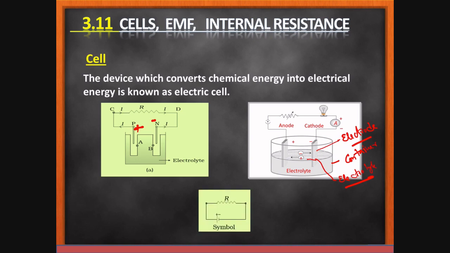This is the symbol. We show a cell by this. The symbol of a cell is this, plus and minus. So to always draw a cell in a circuit, draw it like this: high potential and low potential.